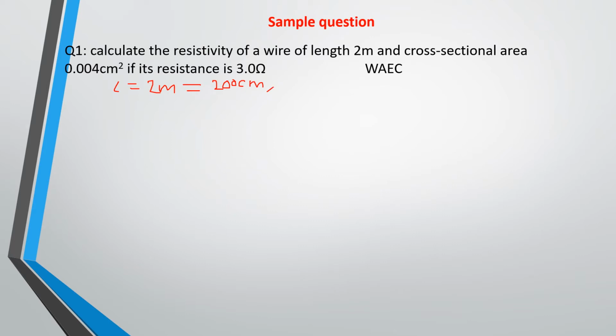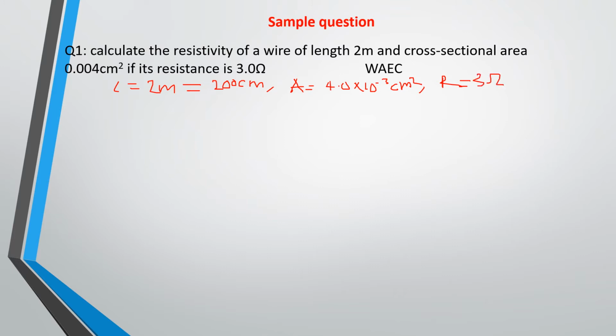You are also given an area equal to 4.0 times 10 to the power minus 3 centimeters squared. Then resistance is given to you to be 3 ohm.